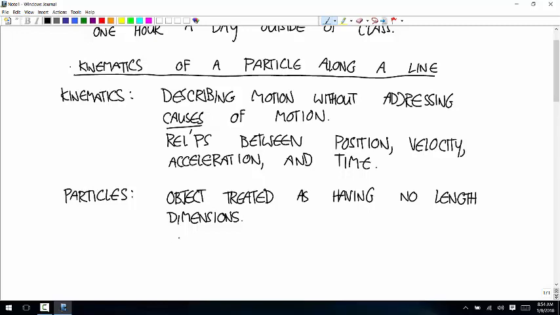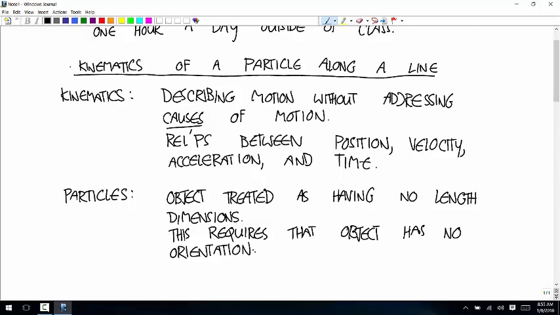So this way of modeling the object as having no length dimensions requires that the object has no orientation. In other words, you can't treat an object as a particle if you want to know anything about its orientation.